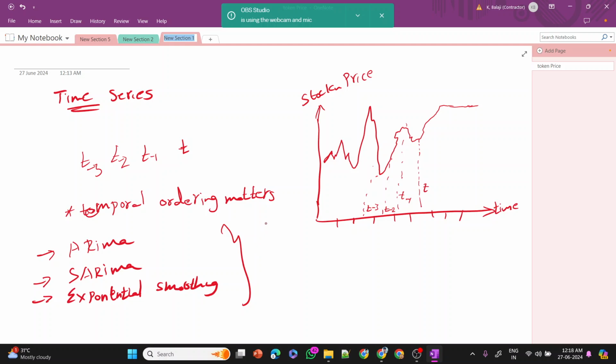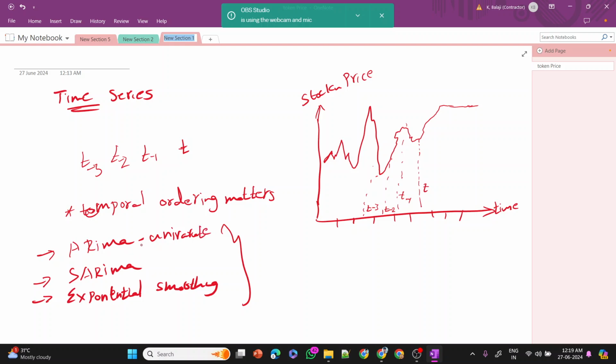ARIMA is called auto regression integrated moving average. That means it combines auto regression, differencing and moving average components. The ARIMA model is suitable for univariate time series problems.